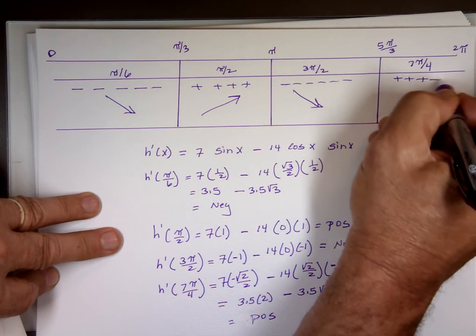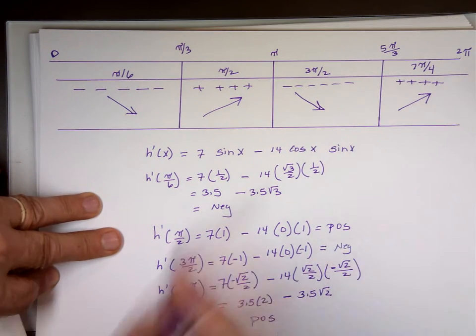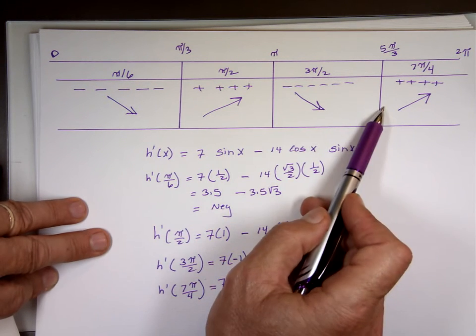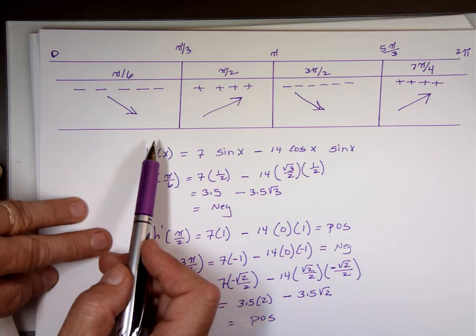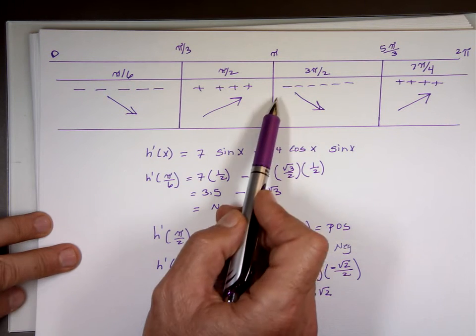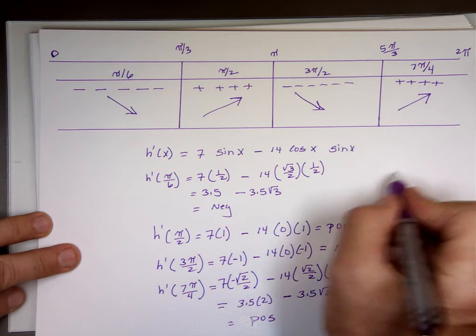So where is it increasing? From pi over 3 to pi. 5 pi over 3 to 2 pi. Where is it decreasing? 0 to pi over 3. Pi to 5 pi over 3.